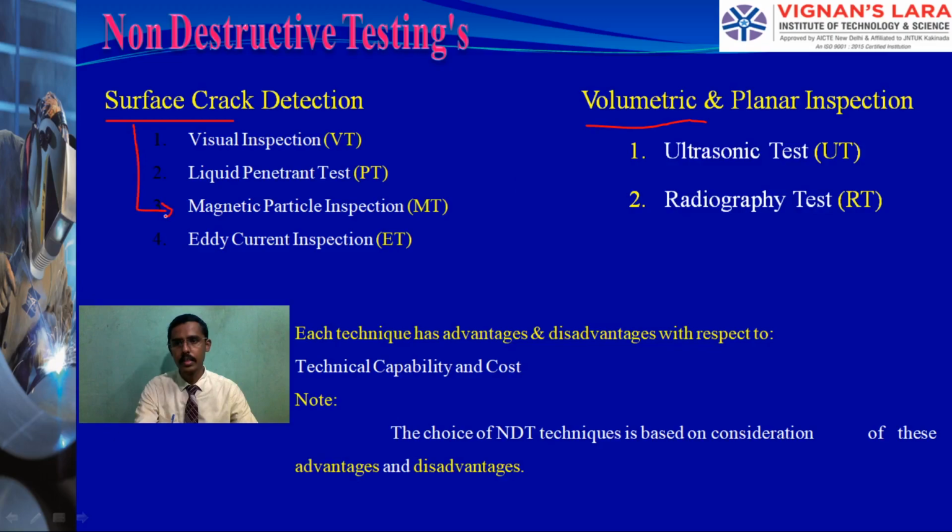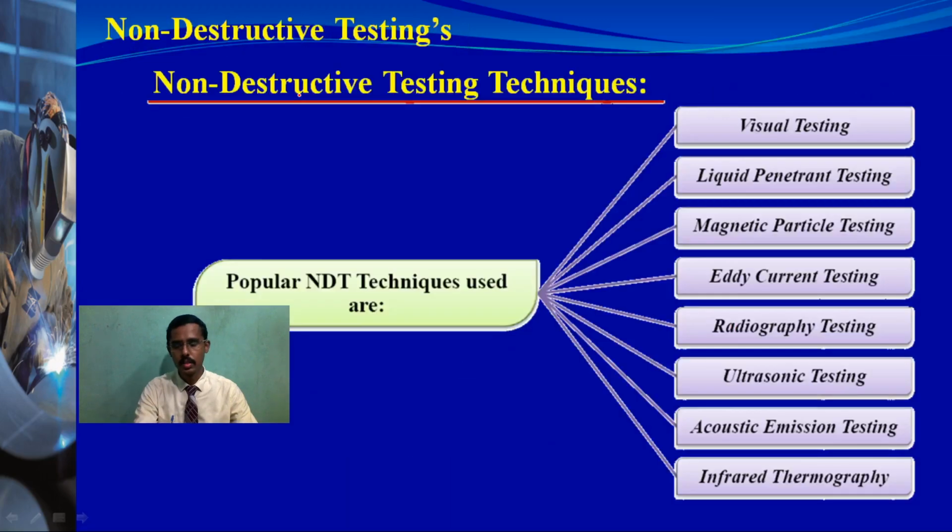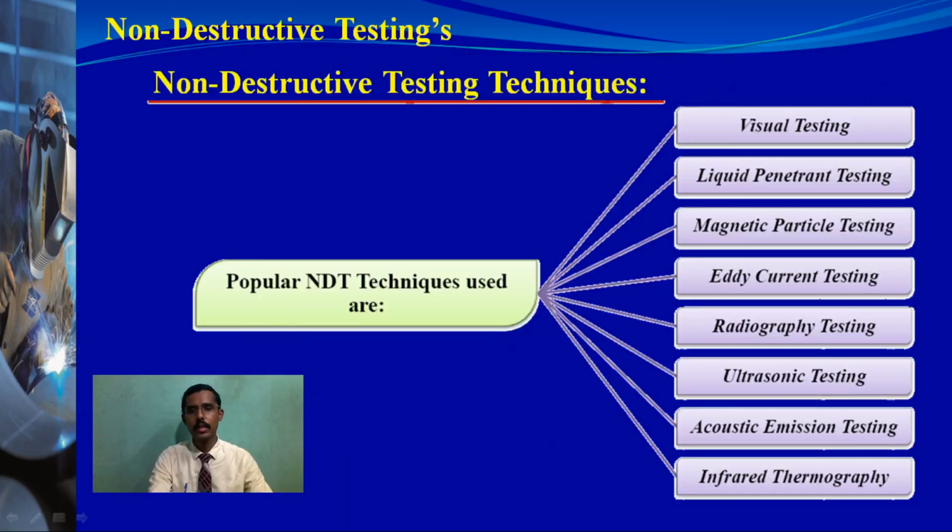This is how we have divided the topics. The NDT topics have been divided into around 8 categories, and we are concentrating on magnetic particle testing.